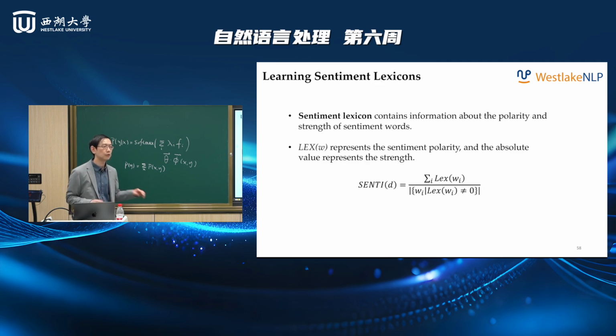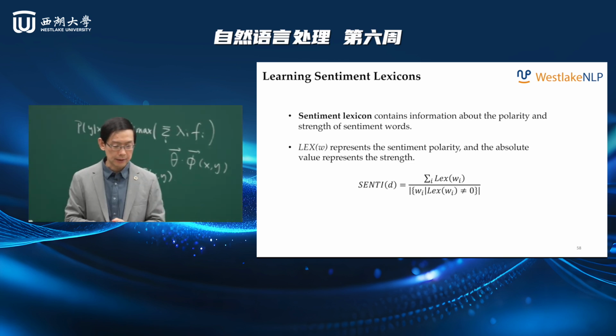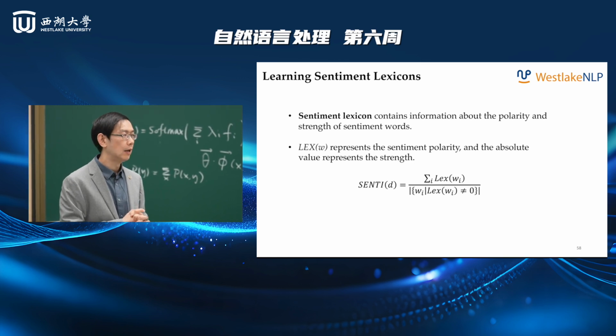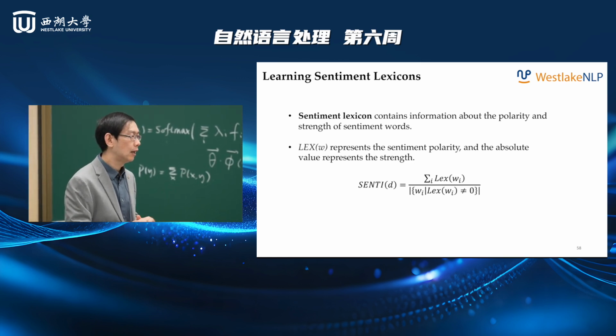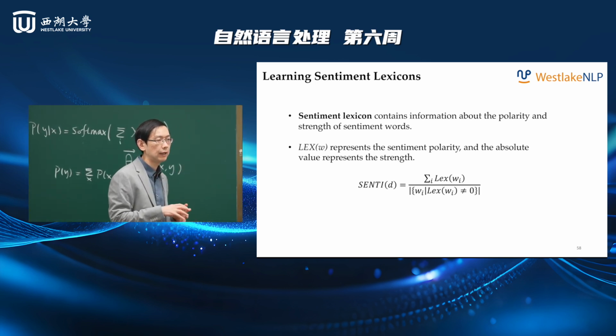Okay, let's look at the first one. You know, a sentiment lexicon is a dictionary with words and their sentiment values. What is a sentiment value? So the sentiment value could be positive or negative, okay? And they have an absolute value.